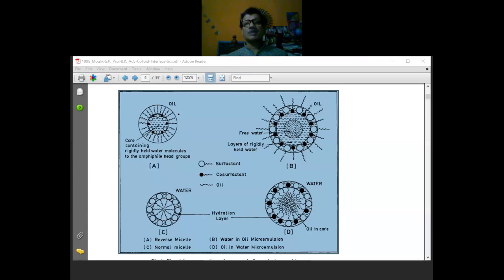Or the critical packing parameter, if it is less than 0.33, then they will form a normal micelle because the hydrocarbon chain will have a lower cross-sectional area than the hydrophilic head group, if you could recollect.